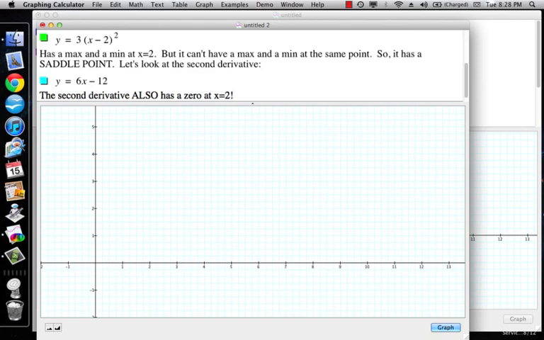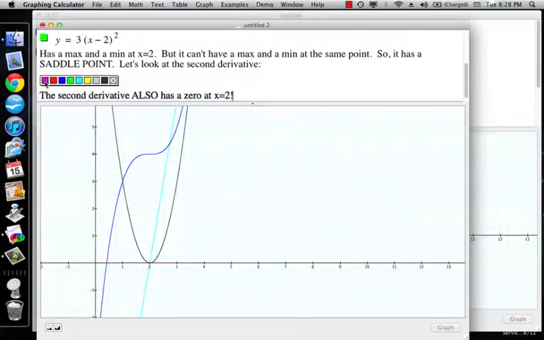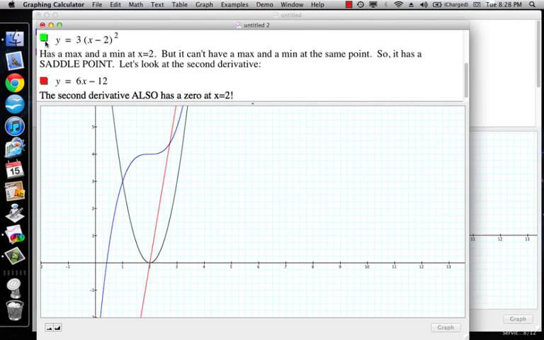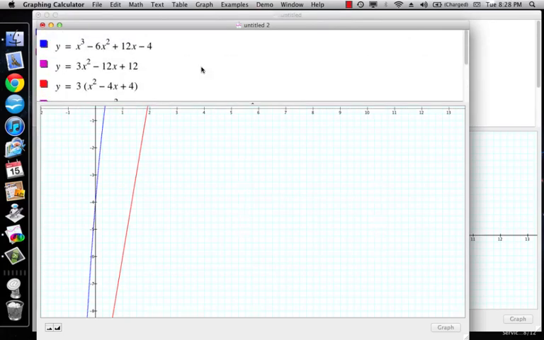So basically what that means is that here my function is going up and up, and it's got negative curvature. Let's make that a little bit darker. Let's make that pink, and let's turn these off.